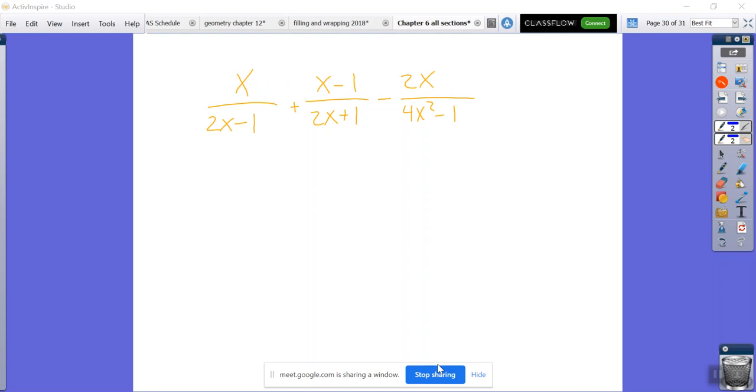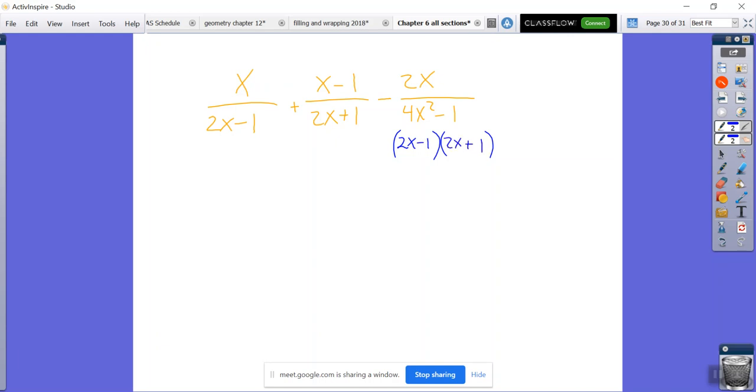Oh, is it difference of squares? It's a difference of squares. All right. So how is that going to get factored then? Would it be like 2x minus 1 and 2x plus 1? It would.